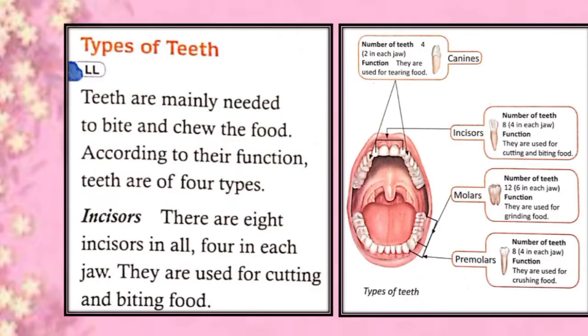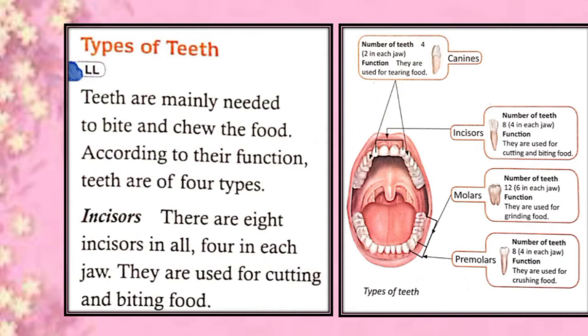Now next, types of teeth. Teeth are mainly required to bite and chew the food. According to their function, teeth are of 4 types, and they perform different functions. First is incisors.